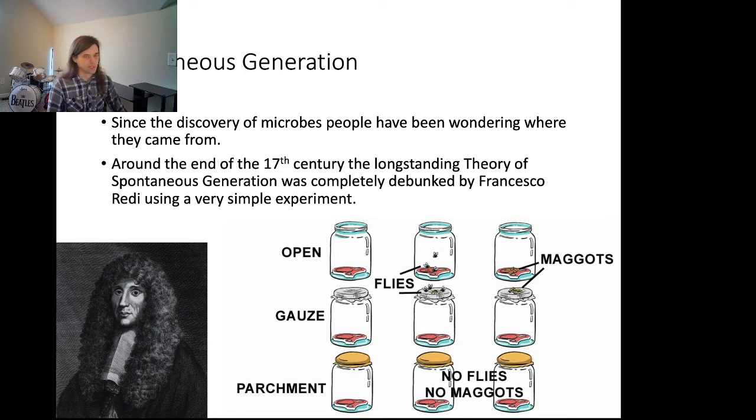If you observe anything around you, like the reproduction of farm animals or humans, he really wanted to show that life had to come from other living animals. So, other humans brought you into existence. Flies brought maggots, which brought forth flies. And that was one of the big main things that people thought. Rotting foods, rotting meats just poofed flies into existence. Maggots just came out of the rotting meat in some magical way.